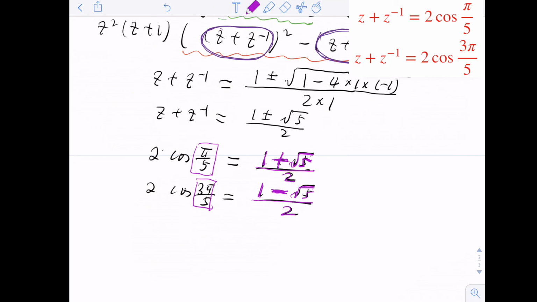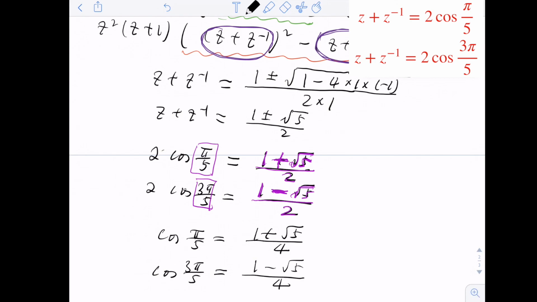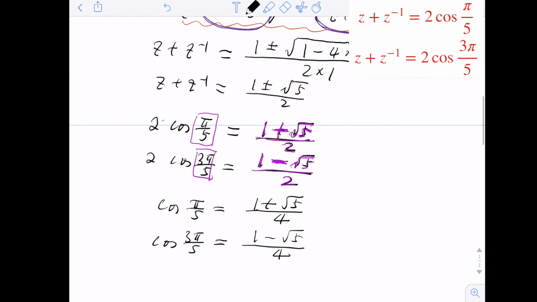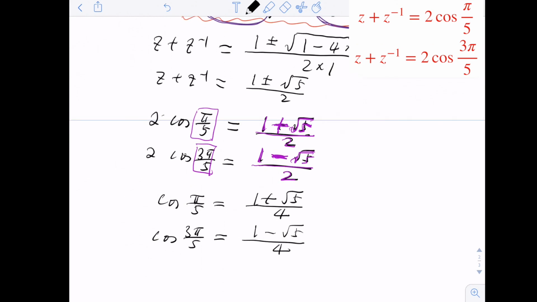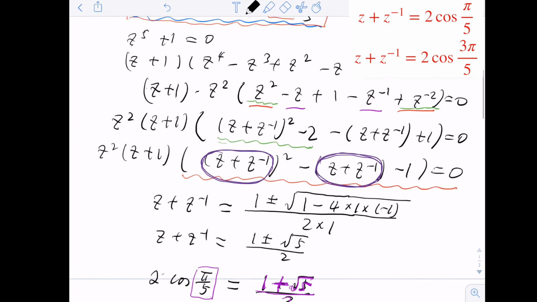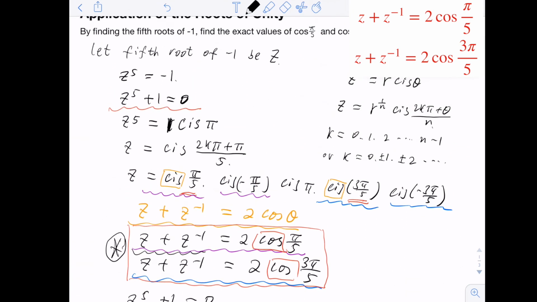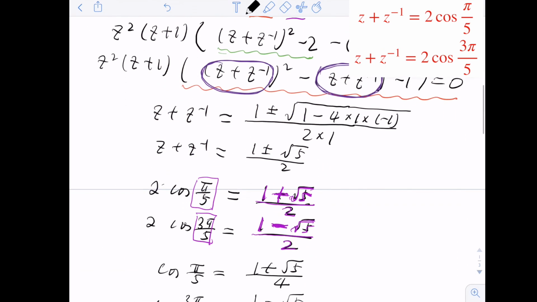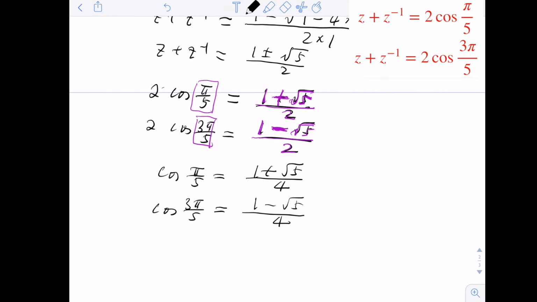Then for the final result, I get cos pi on 5 equals 1 plus root 5 on 4, and cos 3 pi on 5 equals 1 minus square root 5 on 4. That's how I get exact values for these two cos values, by using two different ways to solve the equation z to the 5 plus 1 equal to 0, using complex numbers and polynomials. Then I get the results.